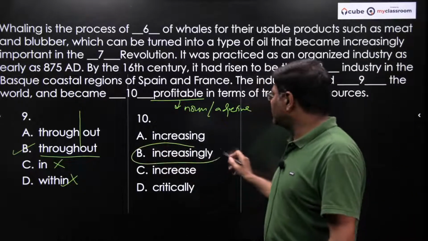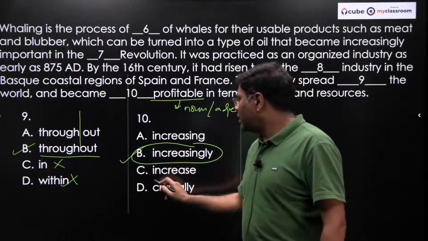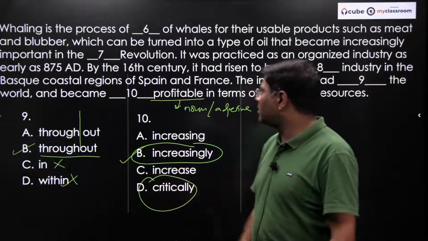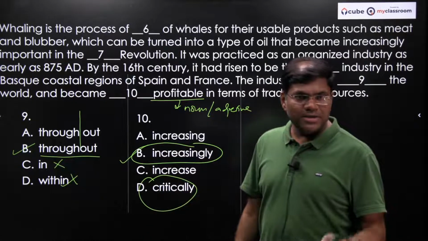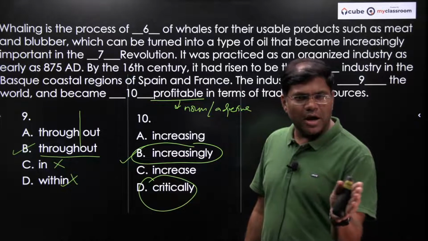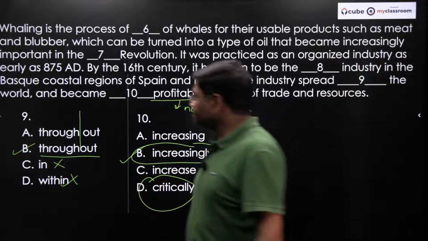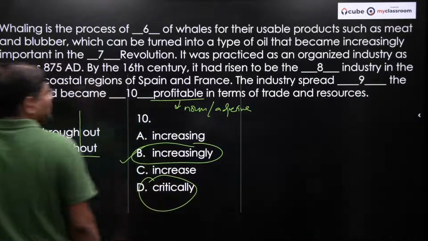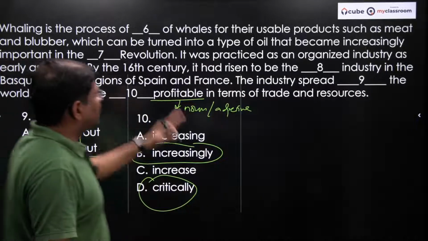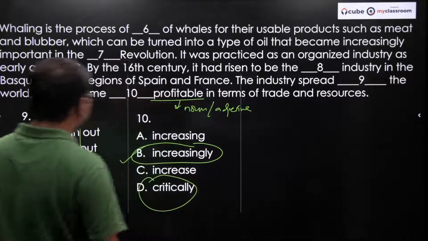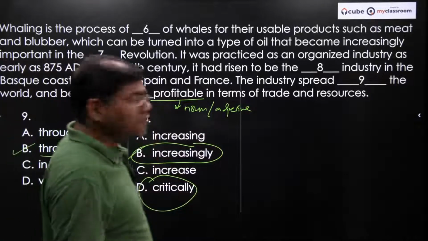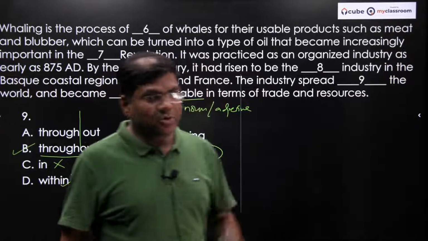Increasingly profitable. सबको लग रहा होगा ना? लोग बोलेंगे critically क्यों नहीं? अरे critically क्यों हो रहा है भाई? Critically basically means very important. Critical यहाँ से वहाँ हुआ तो खत्म हो जाएगा. ऐसा तो है नहीं. Increasingly is the right word. So the industry spread throughout the world and became increasingly profitable in terms of trade and resources. That's how you use it, right?